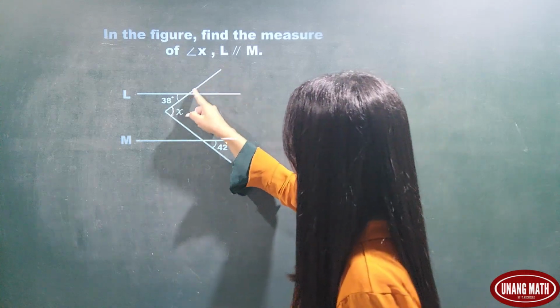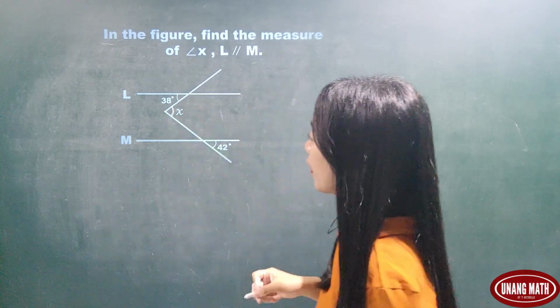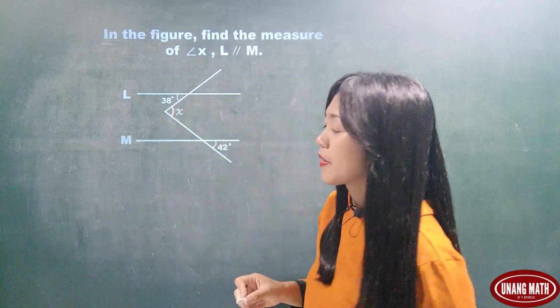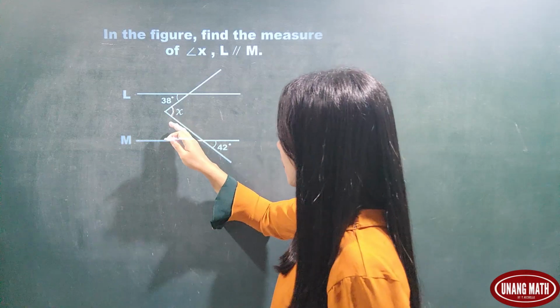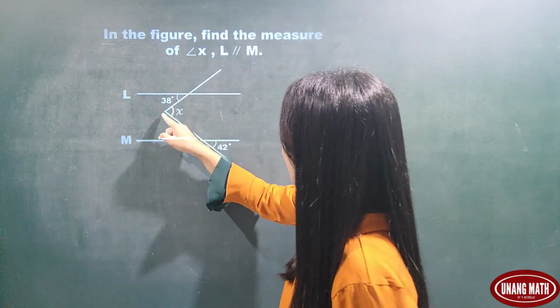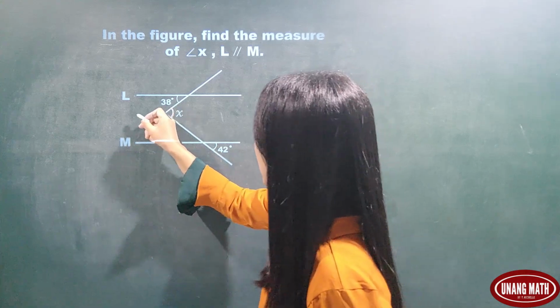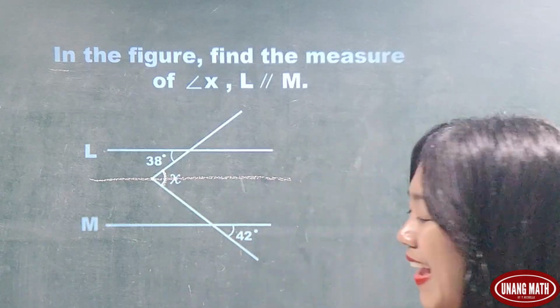Okay, these are the transversals that meet or cross at this point. So to find the measure of angle X, we will draw a helping line. Helping line must be parallel to line L and M, and we have to draw it to where the transversals cross or meet. So our helping line is this line.